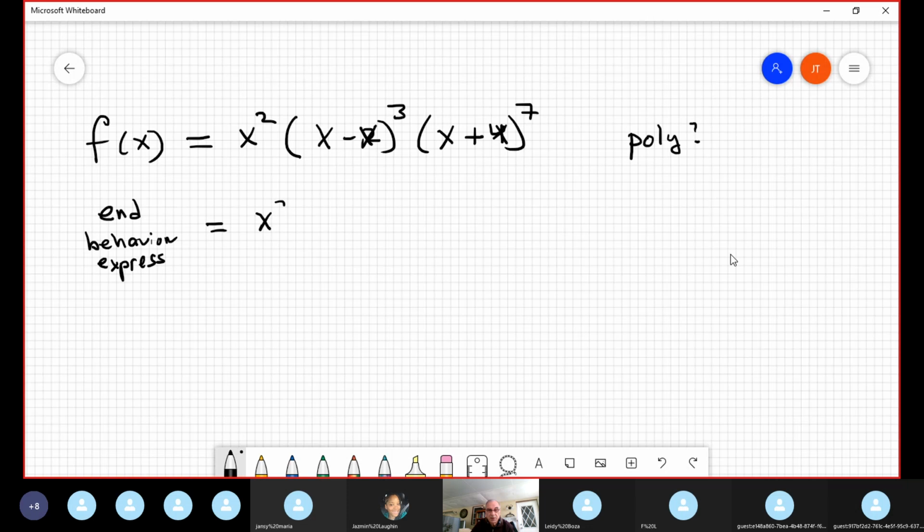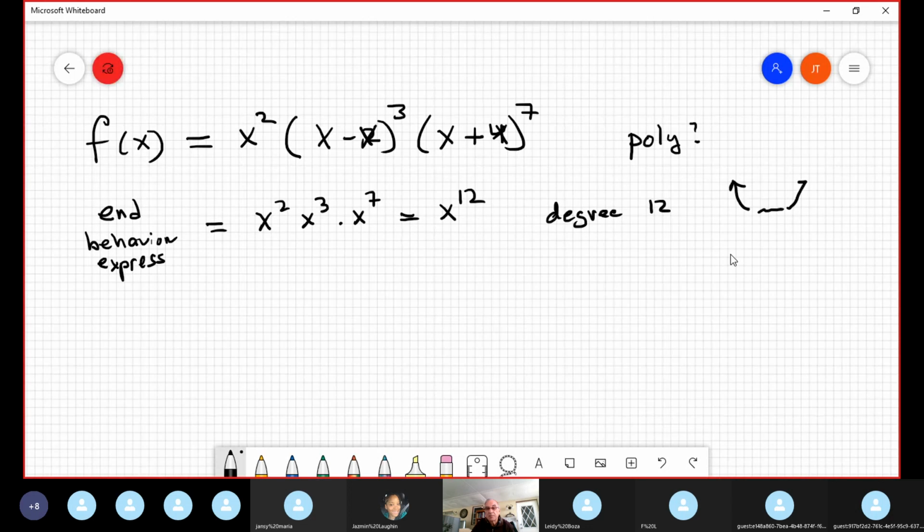And we have x squared, x cubed, and x to the 7th. Entonces, x to the 12th, ¿no? x to the 12th. Entonces, the degree of this polynomial is 12. Y I suppose that the end behavior looks like that, because the coefficient is 1, which is positive.